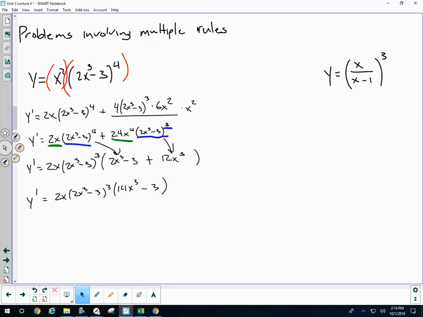So for the previous one, we started by using the product rule, and then within the product rule, we had to use the chain rule to take the derivative of the 2x cubed minus 3 to the fourth. This one, we have to start with the chain rule. And then within the chain, we need to use the quotient rule.